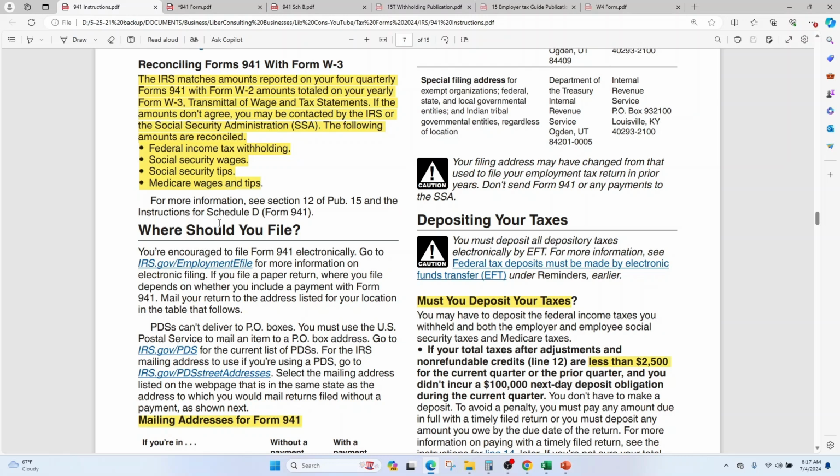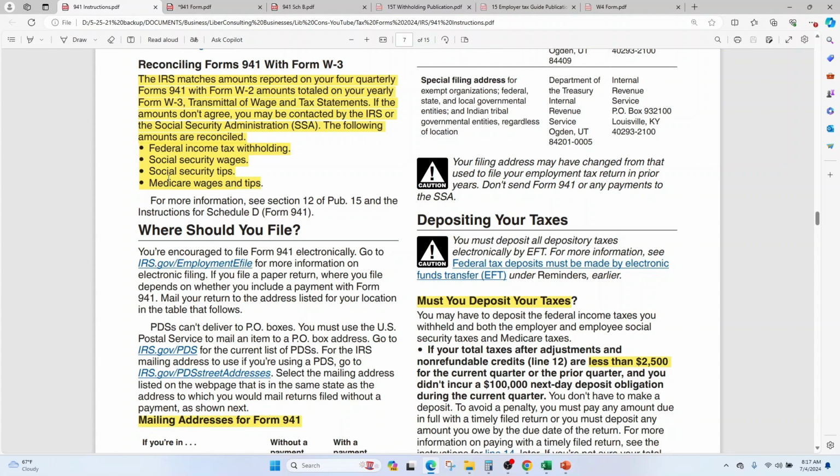Just knowing that will allow you to know how you are reporting things on your payroll, because that is what you will use to complete your Social Security filing.